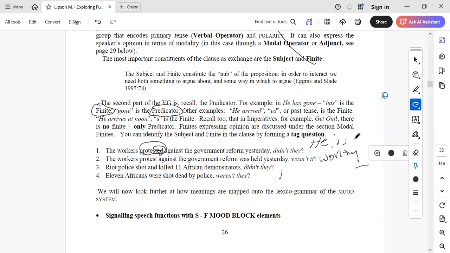So is is the finite, and working is the predicator. But sometimes these finites and predicators come as one word. In that case, whatever inflection you see, for example ed or s, that shows finiteness, and the whole word is actually the predicator. Do you get this point?